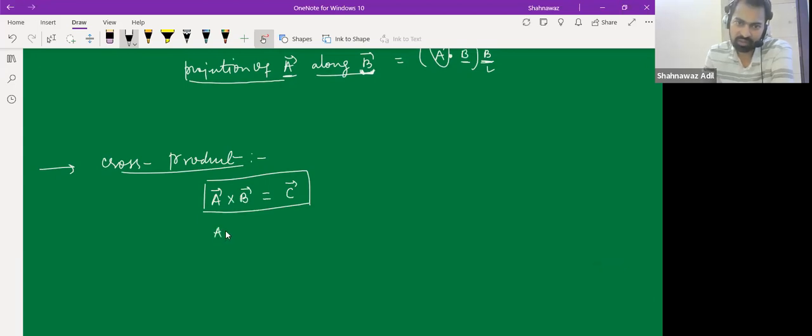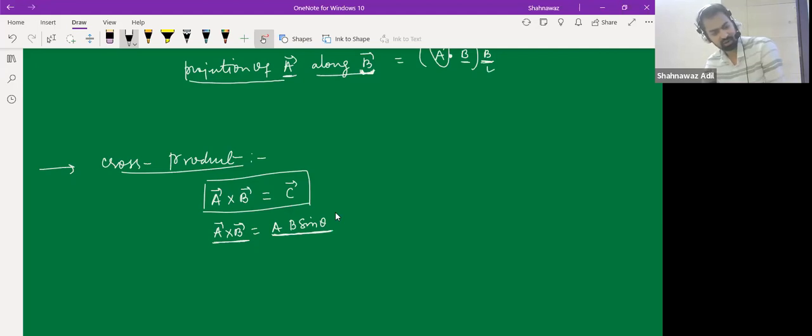And what is the value of this cross product? This is related by AB sine theta. So you have a vector on the left hand side, and on the right hand side, what do you have? Is AB sine theta a vector or a scalar quantity?